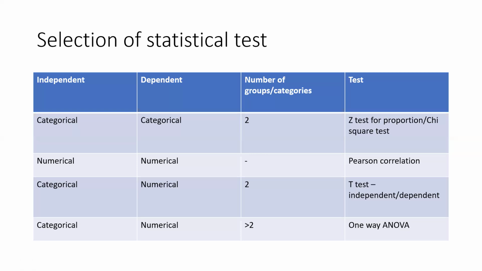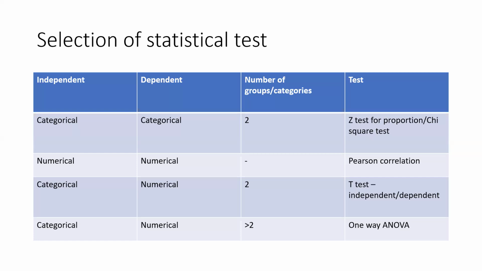Then see what type of independent variable it is: is it a categorical variable or a numerical variable, whether it has groups or just a number. Then find out how many categories there are, whether two categories or more than two. Then find out whether the dependent variable is a numerical one or a categorical one.